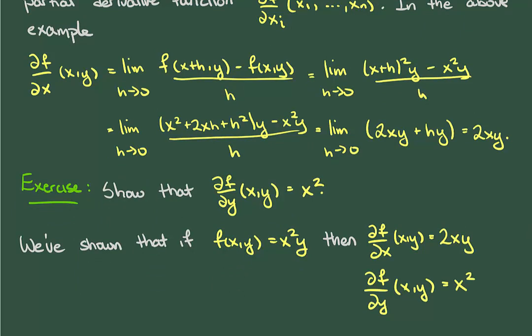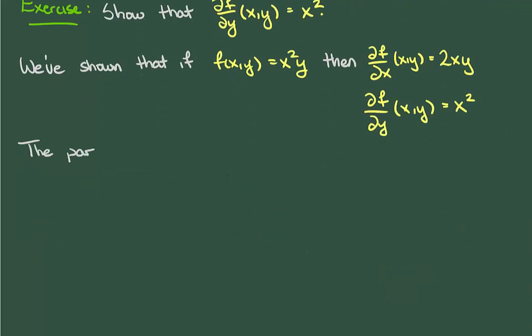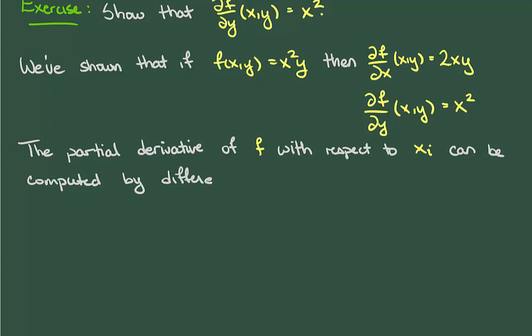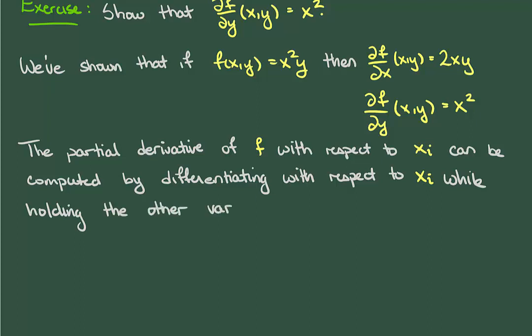The x partial looks like the derivative of x squared, but times y, and the y derivative looks like the derivative of y times x squared. And that's not a coincidence. The partial derivative of f with respect to xi can be computed by differentiating x sub i while holding all of the other variables constant.